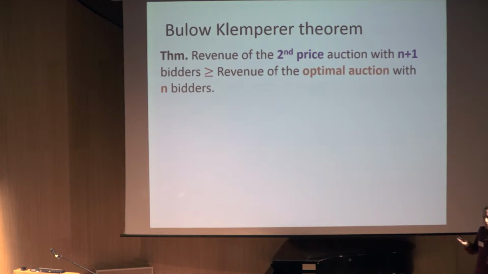So we don't need to do market research. So there's a trade-off. Either we can do some market research and get the optimal thing, or we can just advertise, get another bidder, and we're fine.